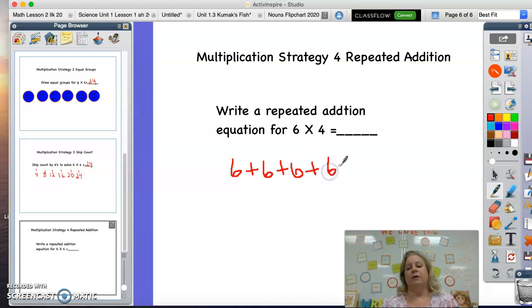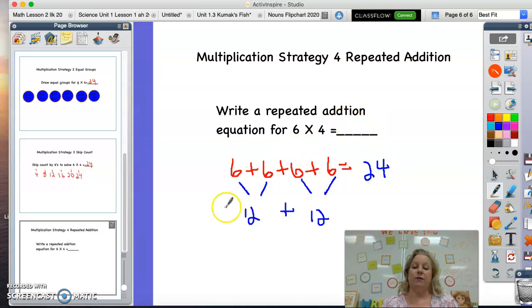So I've got my 6 four times, and I can come in here and then I can add. Okay, so I know 6 plus 6 is 12. And I can add that to my other 6 plus 6. And I know 12 plus 12, 2 and 2 is 4, and 1 and 1 is 2, equals 24.